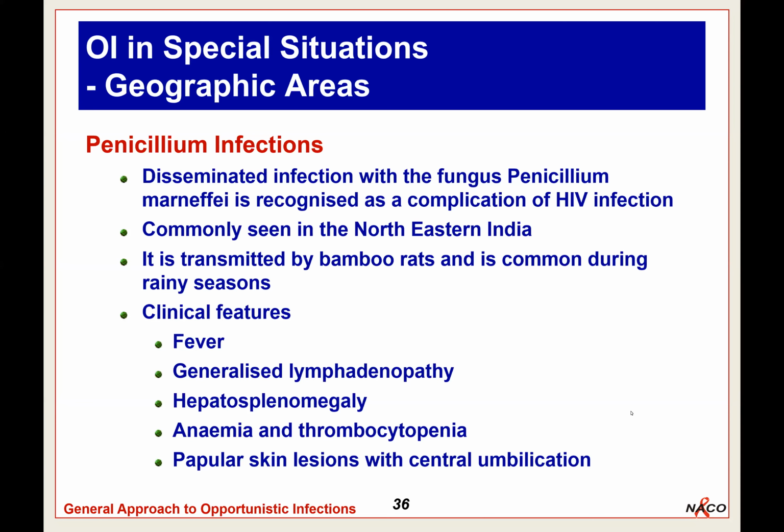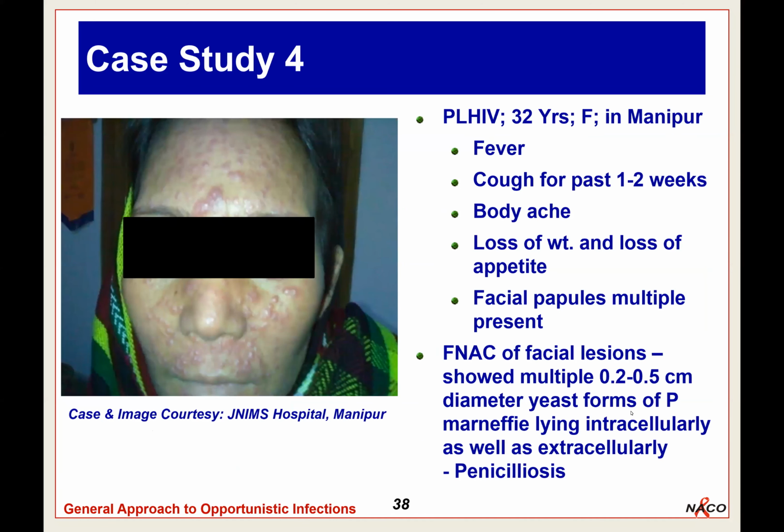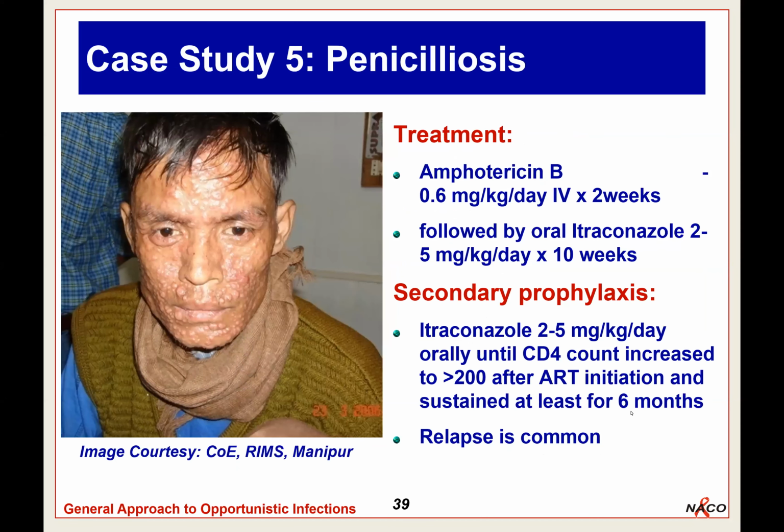With clinical features of fever, generalized lymphadenopathy, hepatosplenomegaly, anemia, and skin lesions, you can suspect Penicillium marneffei. And if you see them, this is how it looks, and it is treated with amphotericin B. Itraconazole is given as a secondary prophylaxis in those patients.